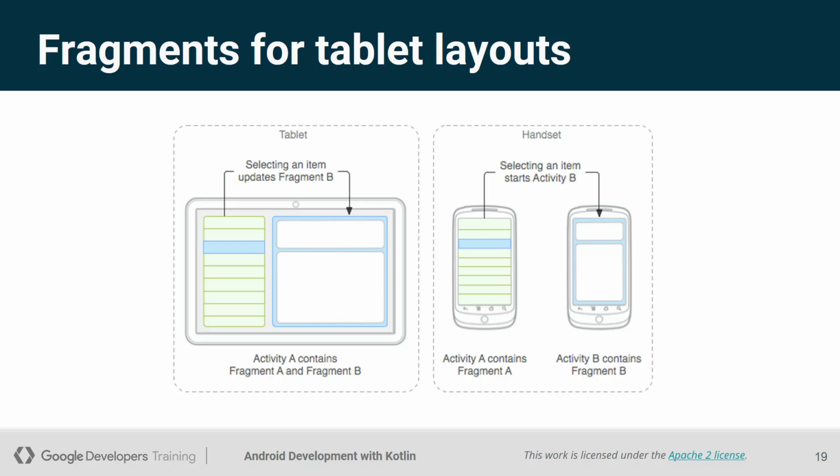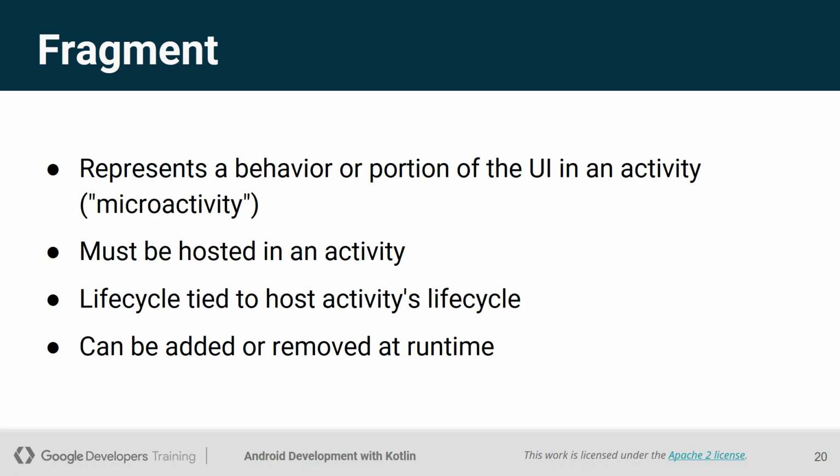Now for you to use fragmentations, we are talking about the selected item starts activity where. So activities contain what are called fragments. Fragment A, fragment B, fragment 3, and so on. A fragment is just a represented behavior or a portion of a UI in an activity.